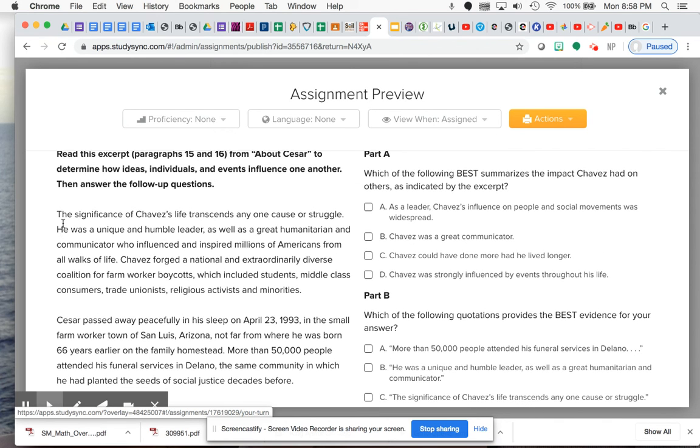All right, so paragraph 15. The significance of Chavez's life transcends, or goes above, any one cause or struggle. He was a unique and humble leader, as well as a great communicator who influenced and inspired millions of Americans from all walks of life. Chavez forged a national and extraordinarily diverse coalition for farm worker boycotts, which included students, middle-class consumers, trade unionists, religious activists, and minorities.